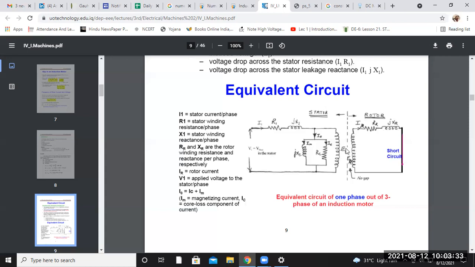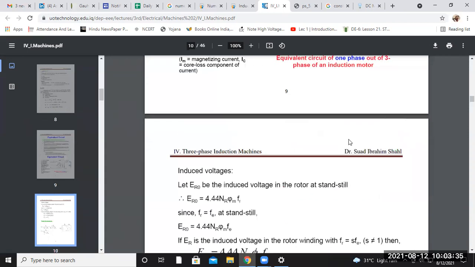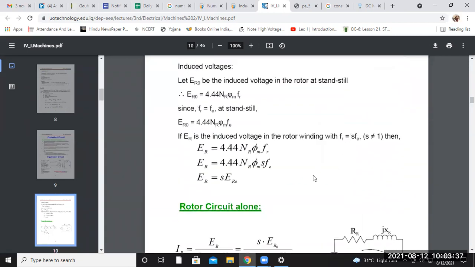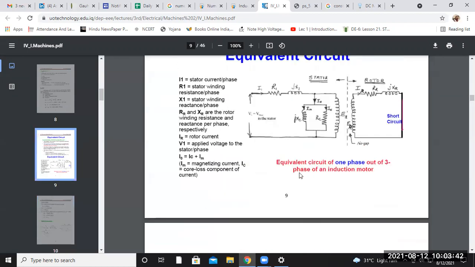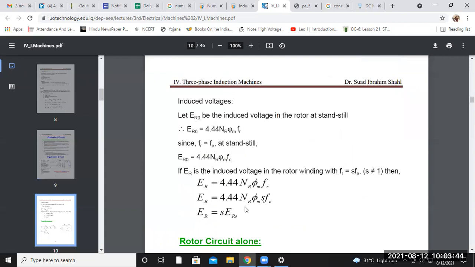So depending upon this equivalent circuit diagram, we have to do some numericals. Now the EMF induced in the rotor of the induction machine is given by this formula. Only this NR is included, quite similar to a transformer.